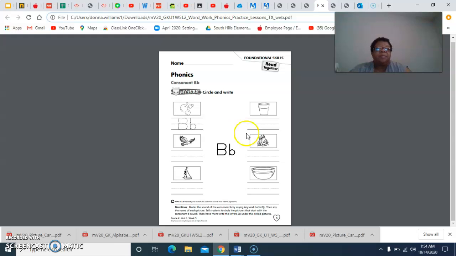Now, you won't be able to write, but you can still pick your pictures. So we're going to look at the first one. They did bubbles. I love bubbles. Bubbles. And so bubbles starts with B, and they did the capital B and the lowercase b. So if you have your journal, you can always practice drawing the picture and writing the letter B.